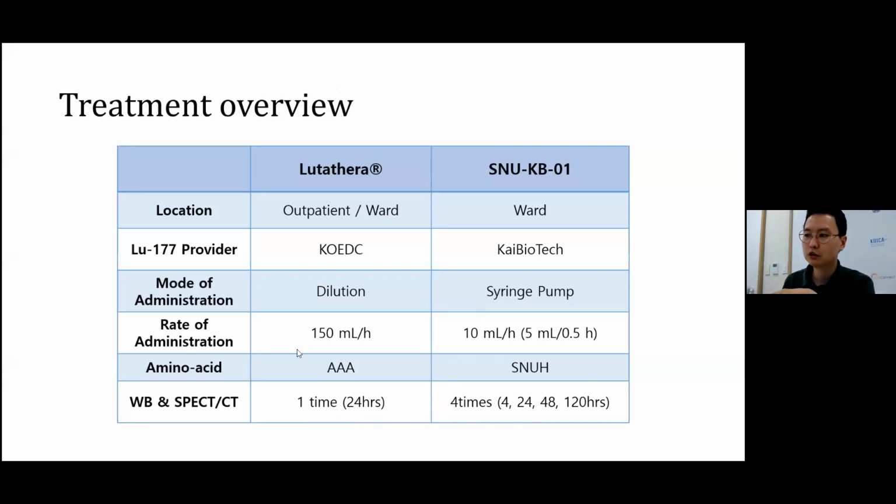But for Lutathera, it is not the NETTER-2 trial; it is just usage after approval from the Korean FDA, not a clinical trial. So we just do it one time. The purpose is not dosimetry, but to see the distribution and whether there is effective uptake in the tumor lesions, and also for quality control.